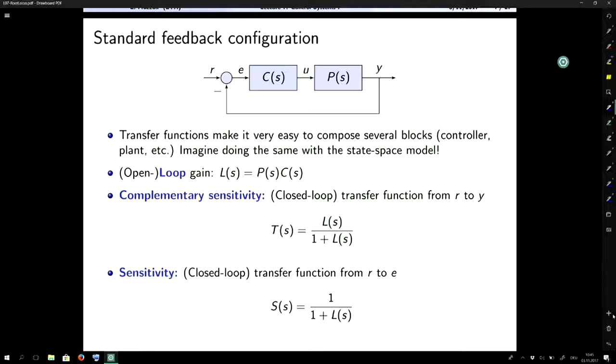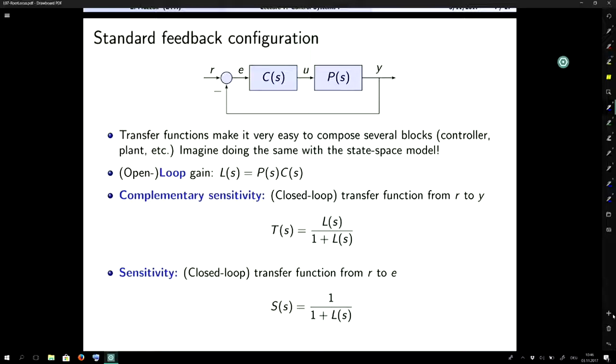What will be U? Actually, let me write it as this R. So U must be equal to C of S. Let me erase this R. Sorry for the confusion.